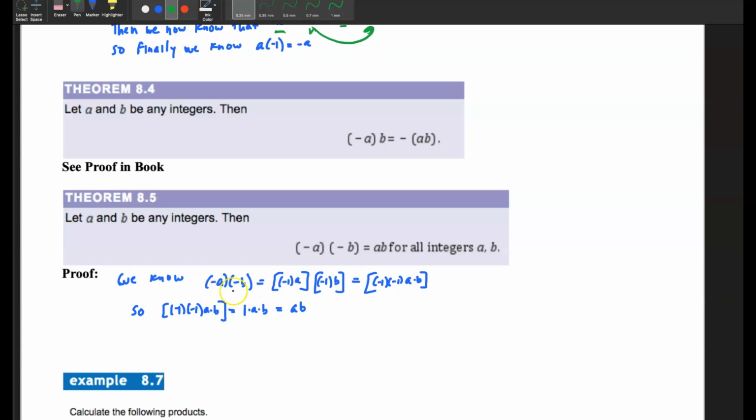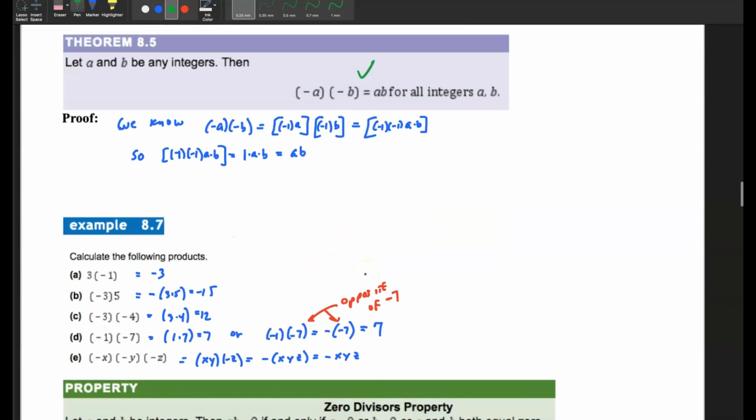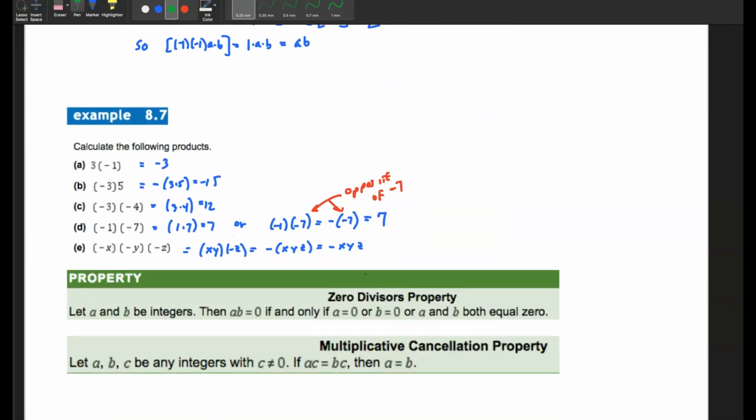As you see, we can break up these numbers. The associative property allows me to move these around. Negative 1 times negative 1, and we know that negative 1 times negative 1 is 1. And so then you have this conclusion here, and then you would finish with these.